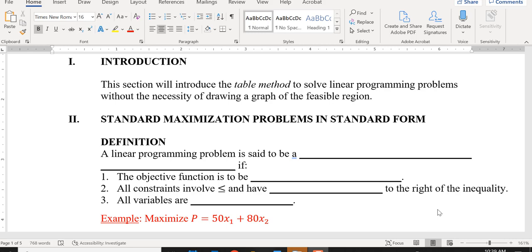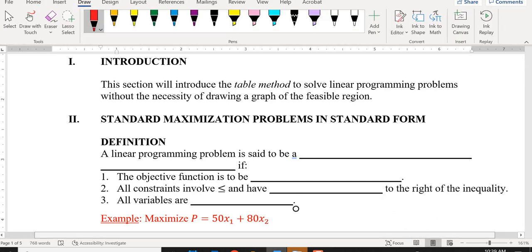Okay, so standard maximization problems in standard form. A linear programming problem is said to be a standard maximization problem in standard form if, okay, so you're wanting to put it in standard form.